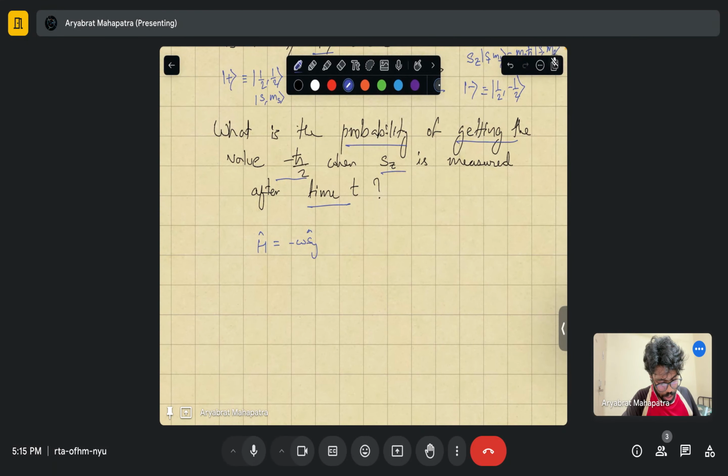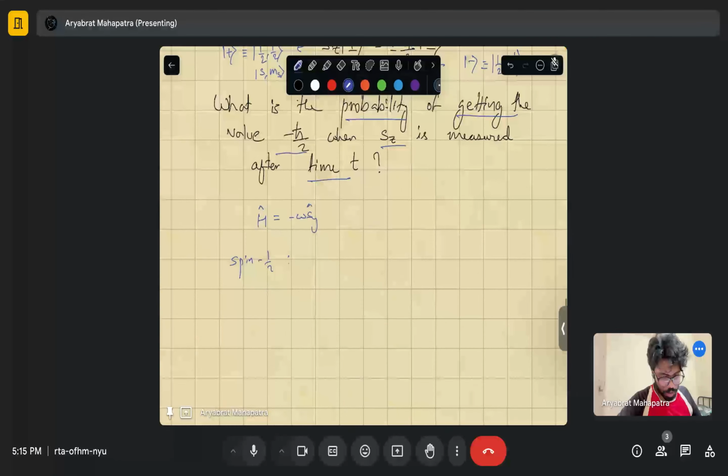For Sy, since we are working with a spin half particle, there is some more information you need to know, which has been discussed before during the lectures, or if not, I can tell you quickly. For spin half particles we have a representation.